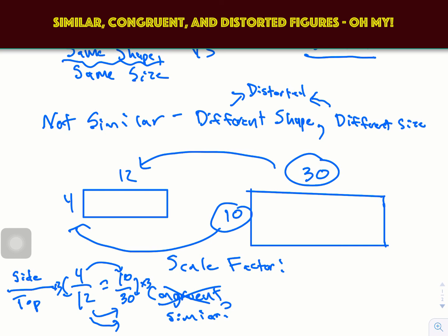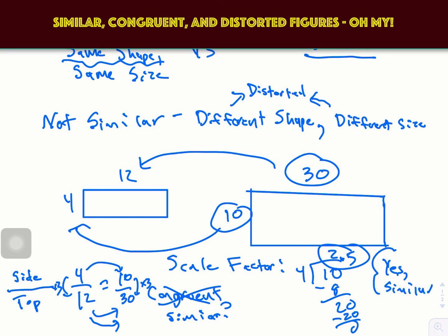The scale factor in this case, if you can't figure out doing mental math, we could always do 10 divided by 4, work backwards, and this gets us 2.5. The scale factor is 2.5, and yes, similar would be our answer.